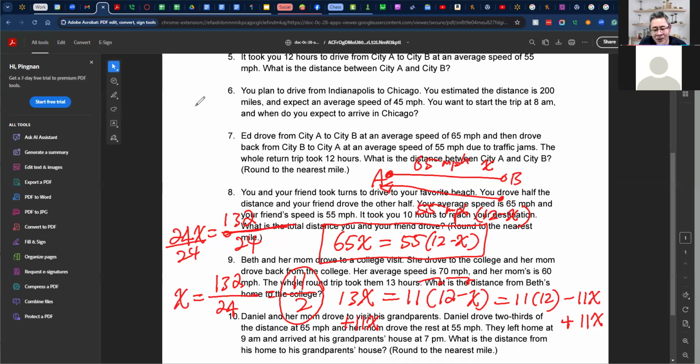Well, the distance then will, of course, be 65 times 11 over 2. And that will give us 357.5 miles. And we round it to the nearest mile, so that gives us 358 miles. Good.